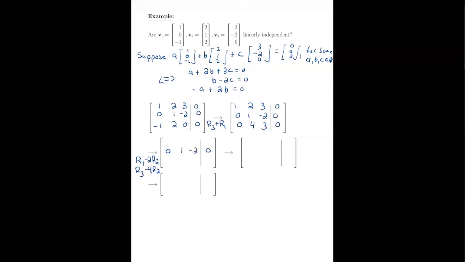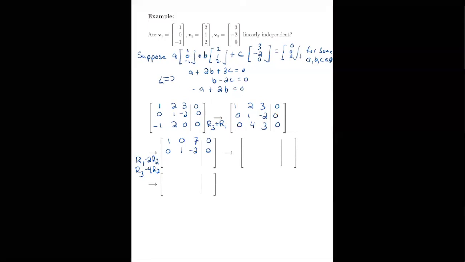Now I'm going to take this minus 2 of these, which is still 1. This minus 2 of these is now 0. So 3 minus 2 of these, that's plus 4, so that will be 7. And 0 minus 2 of these is of course still 0.